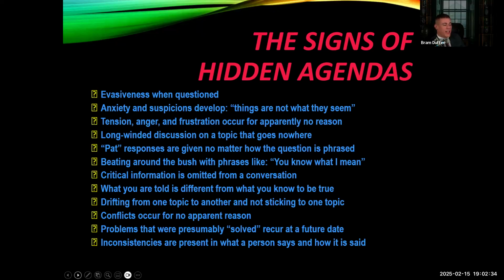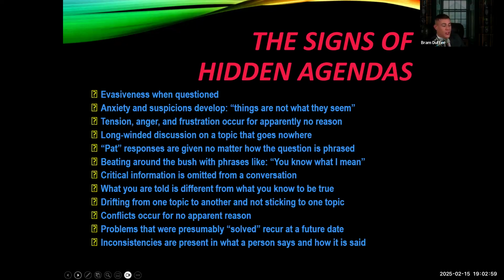So one common indicator for finding a hidden agenda is evasiveness. Imagine asking a coworker if they're fully on board with a new project direction. And instead of saying yes or no, they dodge the question or they provide a vague answer. Their reluctance there to commit might suggest that they're holding back deeper thoughts or feelings.